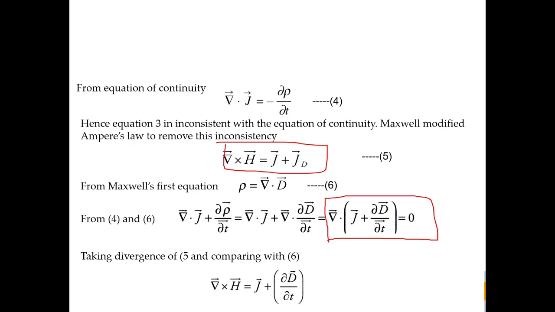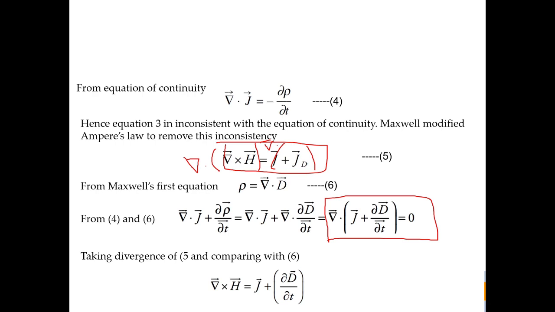We have curl of H equals J plus del D upon del T. So you take the divergence of these two equations, del dot here and del dot here, and compare the two. This equals 0.